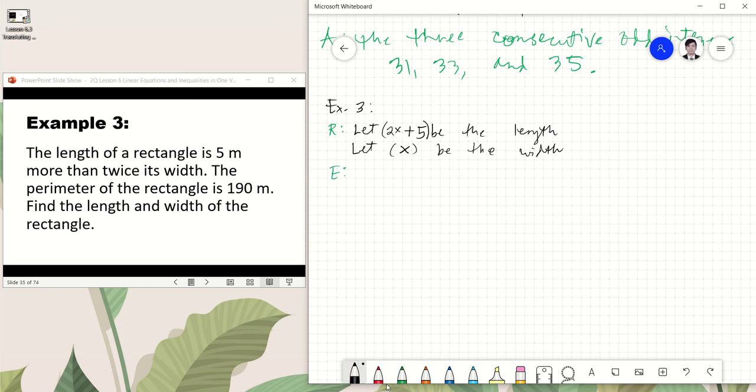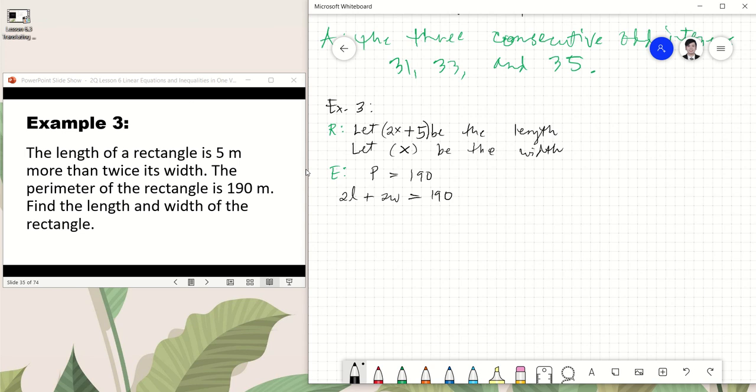Creation of the equation. Yung equation naman will be based on the second sentence. It's all about perimeter of a rectangle and the perimeter is 190 meters. Ano ba yung formula ng perimeter ng rectangle? It's 2L plus 2W is equal to 190.